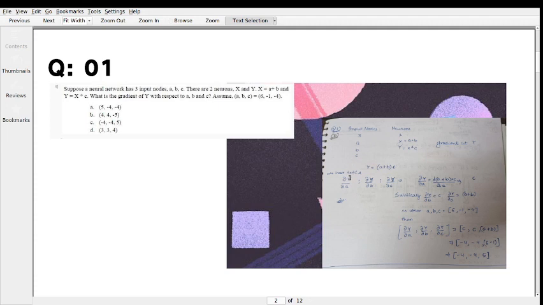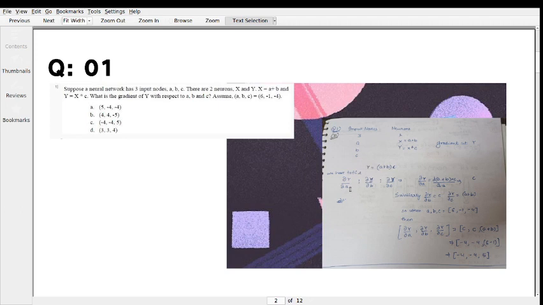We have to find it in this way: del Y by del A, comma del Y by del B, comma del Y by del C. This is a partial derivative. When I put the value of X over here, Y equals A plus B into C. Now if I am doing del Y by del A, I will take A as the variable and B and C will be constant.